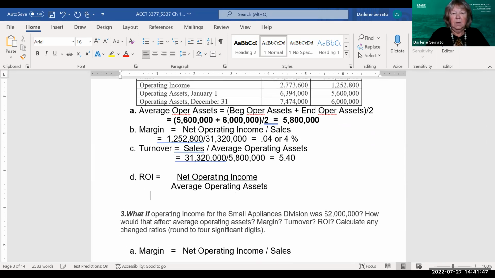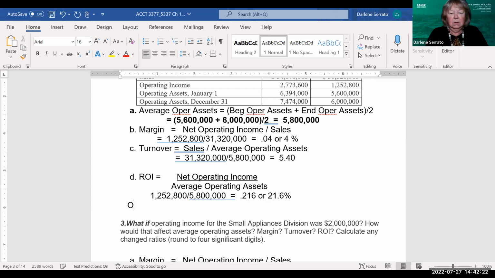ROI, operating income of 1,252,800 divided by average operating assets of 5,800,000 equals 0.216 or 21.6%, or we could multiply margin of 0.04 times 5.4 turnover, and that gives us the same number.